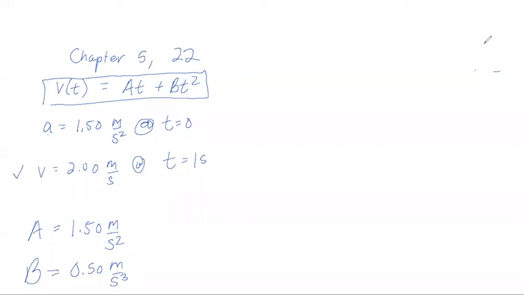Okay, so now for part B, it says, at 4 seconds after fuel ignition, what is the acceleration of the rocket? Okay, so at 4 seconds, all I have to do is take the derivative and solve. So a is the acceleration. a equals A plus 2Bt.